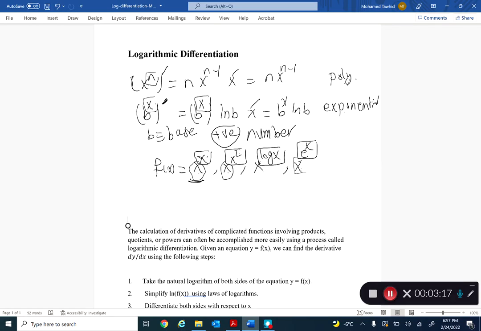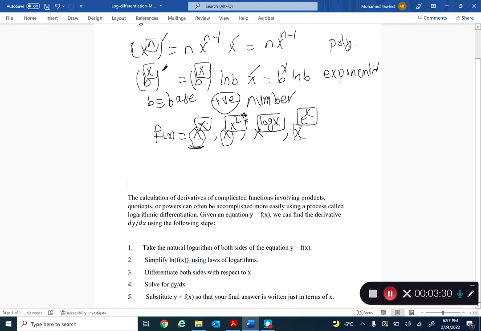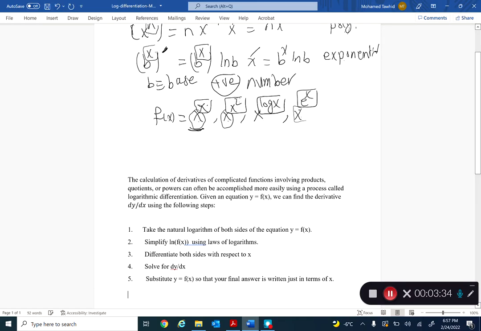Our goal is to learn how to take the derivative of these very complicated functions, x raised to the power of a function of x. Here are the following steps that we are going to apply.